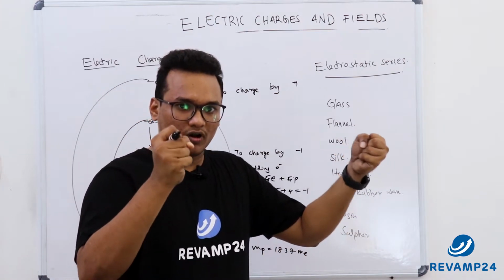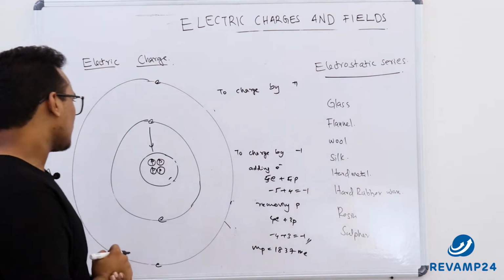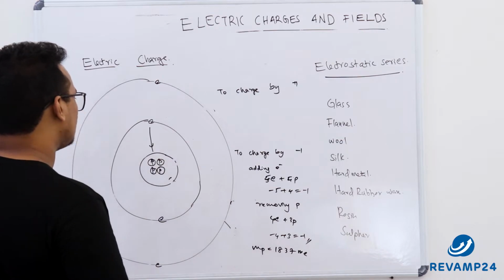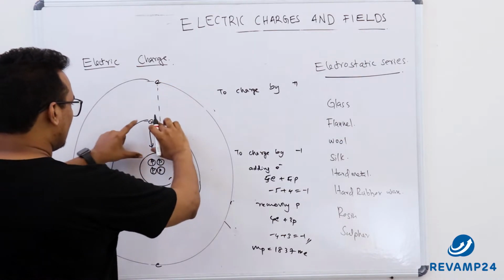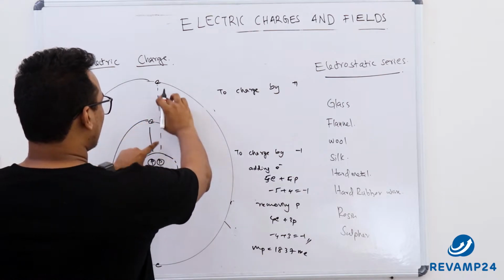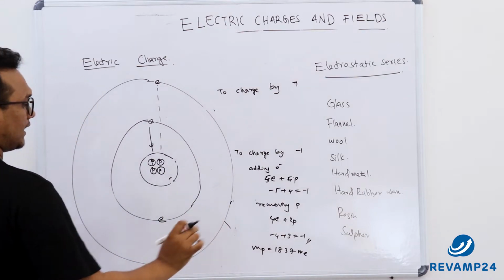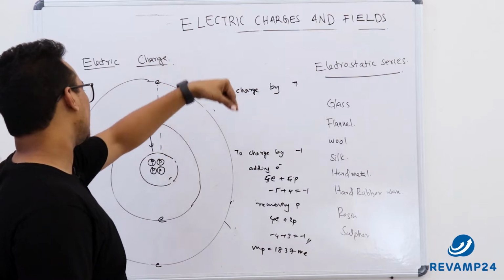Like charges, positive and positive, will repel; positive and negative will attract. So when I am taking an electron, which electron can be easily taken out? This electron can be easily taken out, because here the force will be stronger, here the force will be weaker, far away, right? I can easily take an electron, and I get one more advantage, the electron is very lightweight.